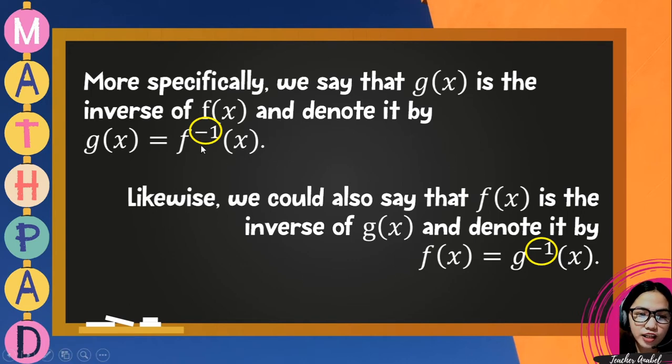So, hindi natin ito binabasa as raised to negative 1. Rather, we can read it as the inverse of. So with this one, we have the inverse of f of x, the inverse of g of x.